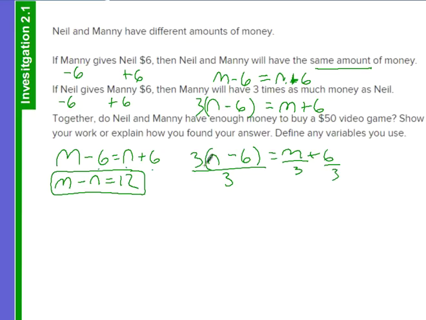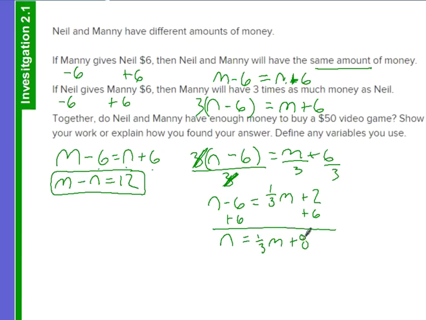Since I'm multiplying n and negative 6 by 3, I can just go ahead and say I'm dividing the 3 here. 3 divided by 3 is 1, so I get n minus 6 is equal to, m divided by 3 is the same as saying 1/3 times m plus 2. Well, let's get the n by itself, plus 6, and so I get n is equal to 1/3 m plus 8.